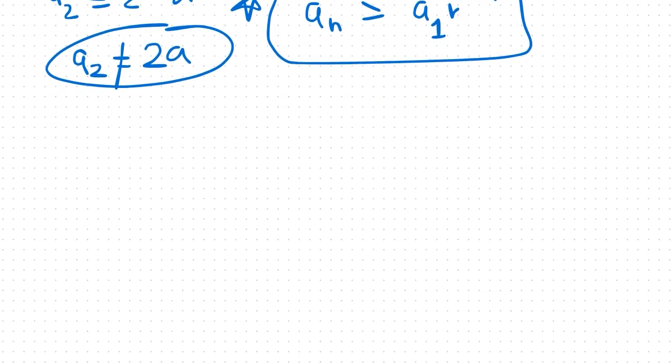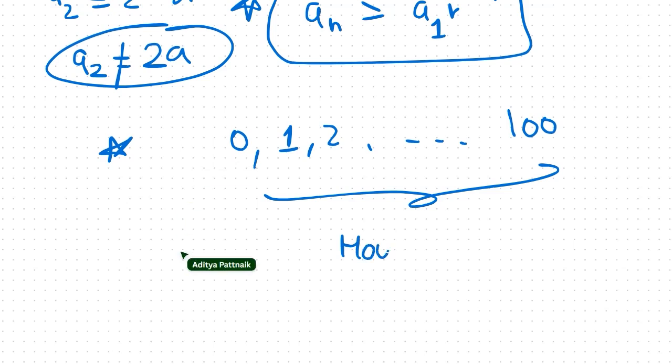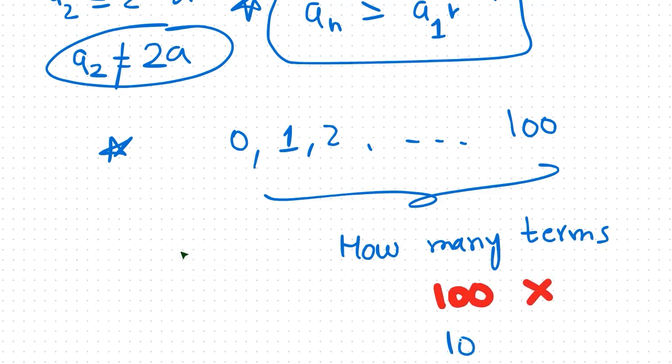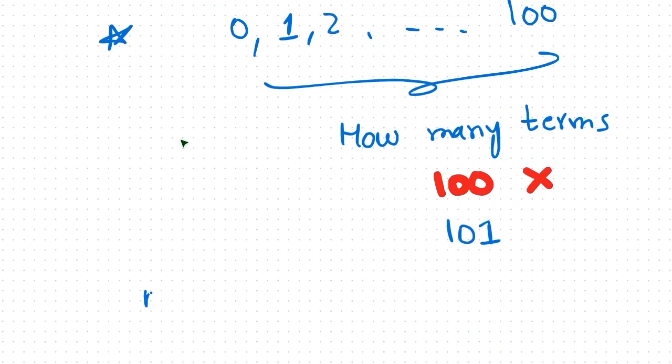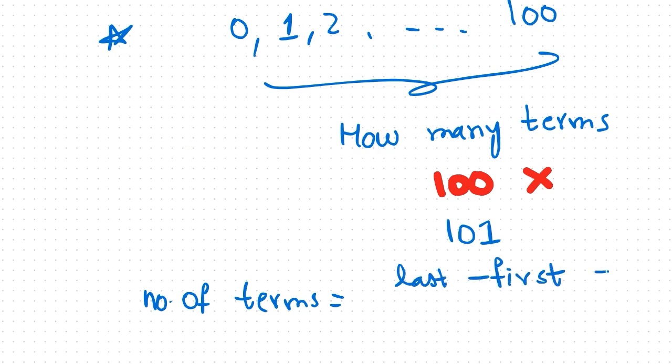Okay, let's review some basic concepts. Let's say I write 0, 1, 2, 3, 4, and so on up to 100. How many numbers are there? How many terms? It's 101, not 100. So when you are counting from 0, you have to add 1. Usually the number of terms is equal to last minus first plus 1, so 100 minus 0 plus 1.